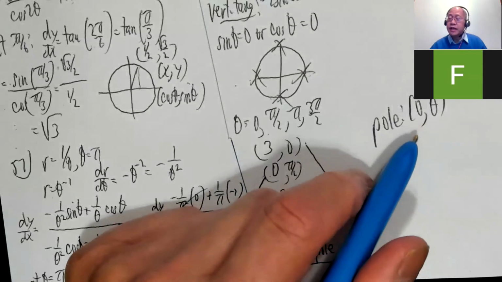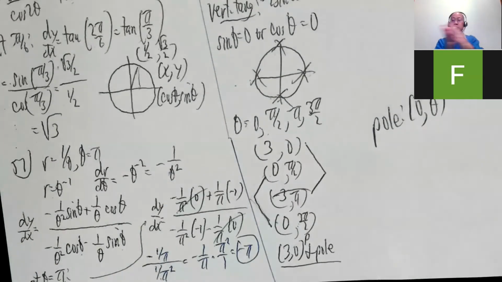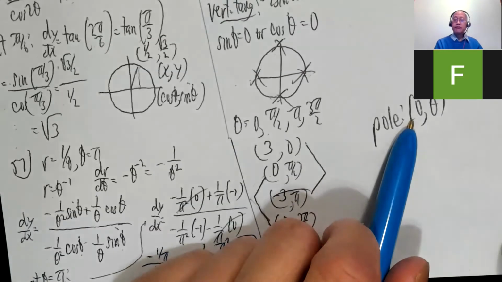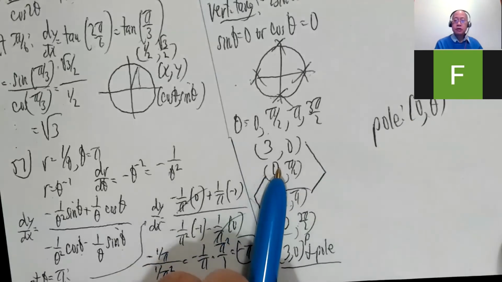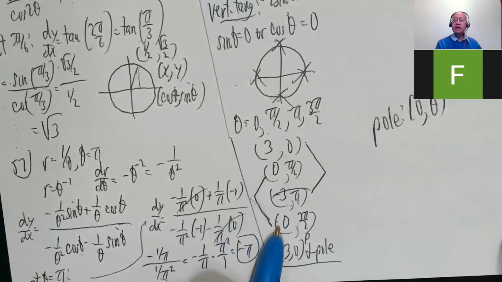Think of a beacon of light, like on a lighthouse. It turns like that. So you change the angle, but you're still here. You're not changing your location. I could swing like that and swing all the way around. I am changing the angle, but I'm not going out anywhere. I'm not stepping out. So the r stays 0. So for the pole, r is 0, theta is any angle that you want. So 0, pi over 2 is the pole, 0, 3 pi over 2 is the pole, 0 comma 316 degrees is the pole.